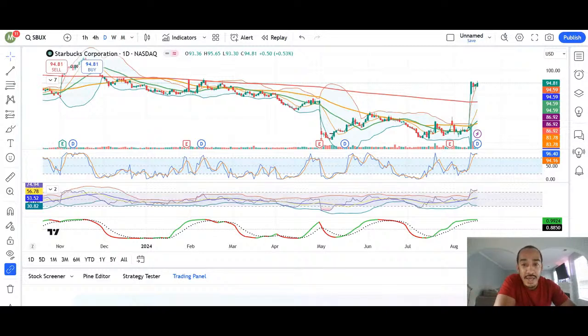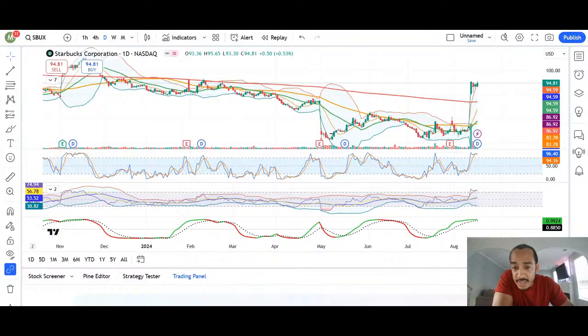We got this gap back here when they reported earnings. It looked like they reported earnings again and they beat this time, but, what is it, a daily chart? So sometime this week, Starbucks gapped up like crazy. So now we got two big gaps to fill. On top of that, it's at the top of the Bollinger Band.